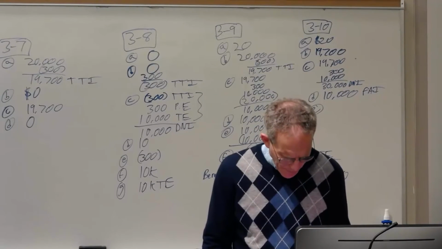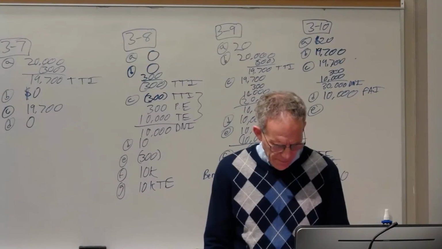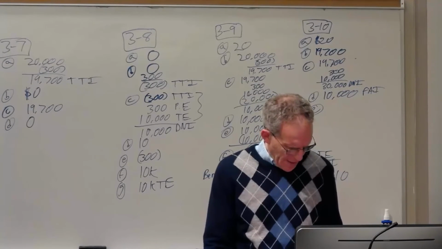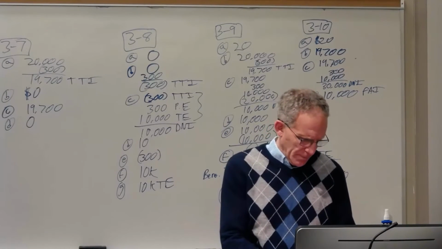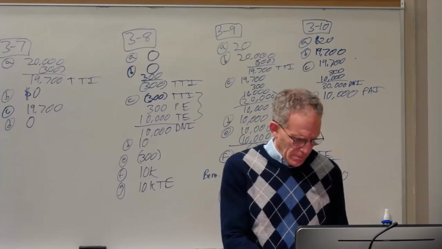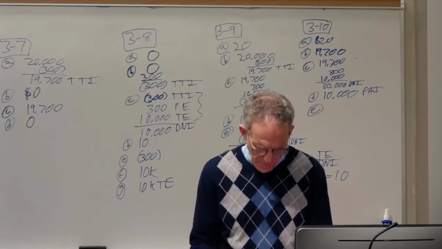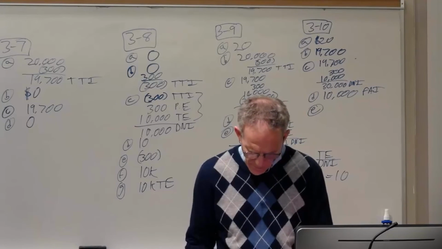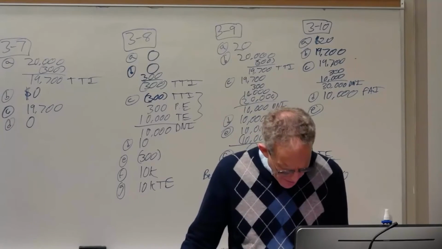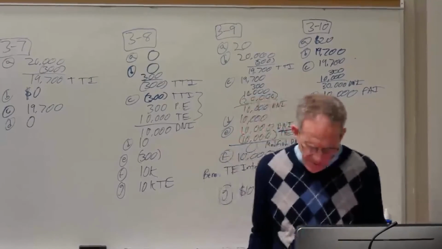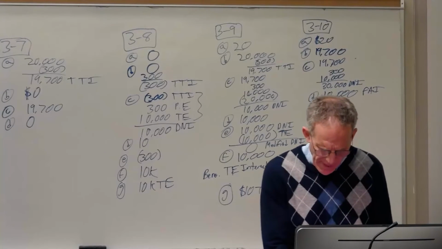Question E. What is the trust taxable income? And just because they tell us to, why don't we read the third sentence? 651 B-1.